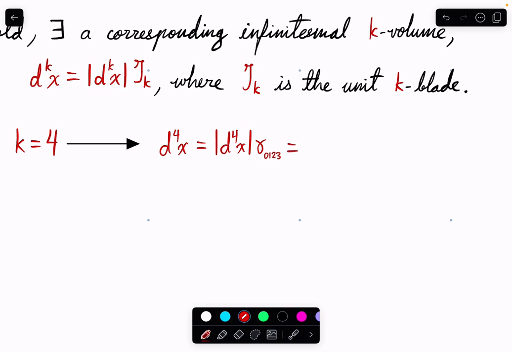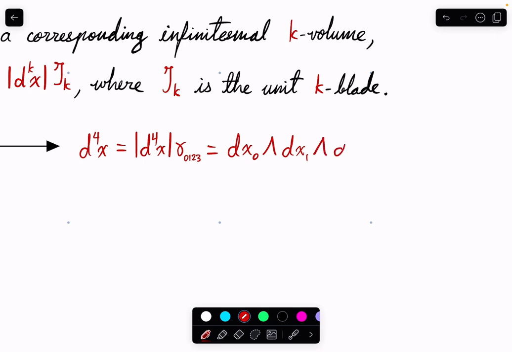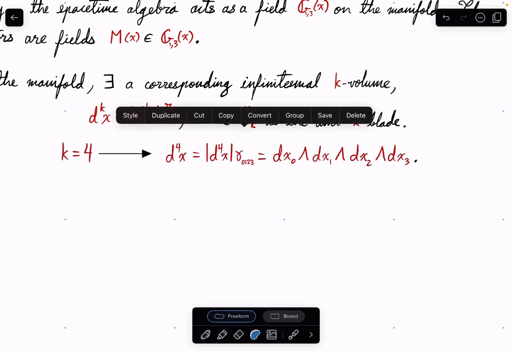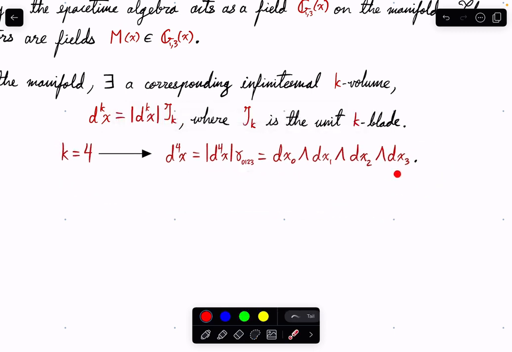That comes from the fact that you take this infinitesimal vector, wedge, this infinitesimal vector, wedge, this infinitesimal vector, wedge, this infinitesimal vector. These differentials are actually just elements of the algebra, but they have the infinitesimal magnitudes that are required within summations and integration.